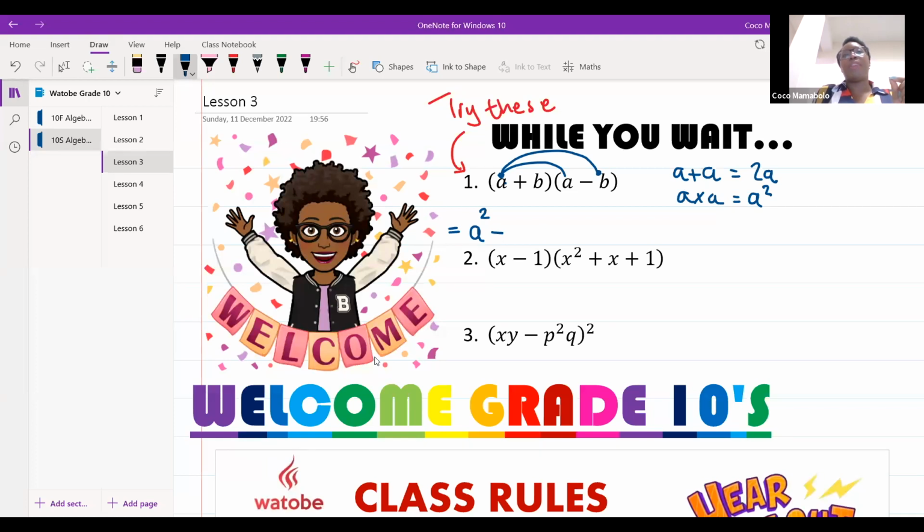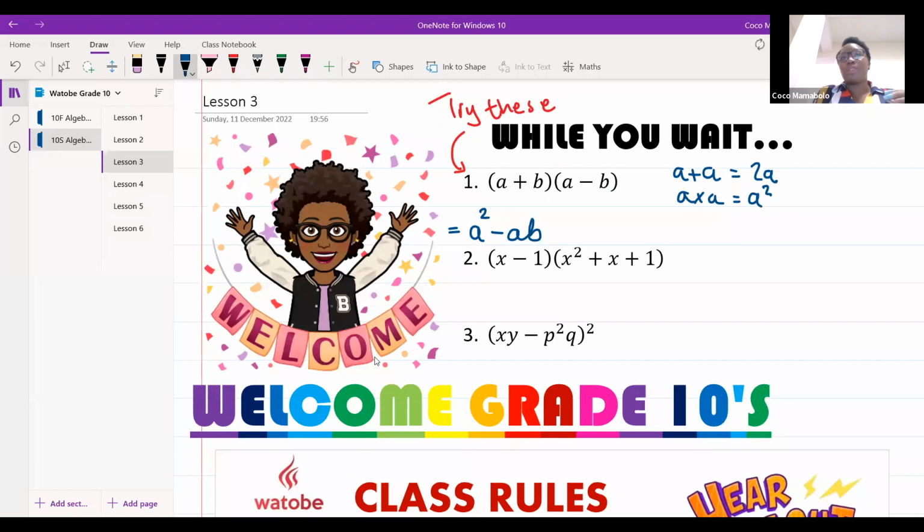That's okay. Remember, they're not the same, so we're not going to add exponents. A and A were the same, that's why we went A squared. But A and negative B are not the same. So all we're going to do is take A times negative B and put them next to each other, negative AB. That's it, because they don't look the same. Do you see what I mean? A and B, not the same, so we're not going to put them together.